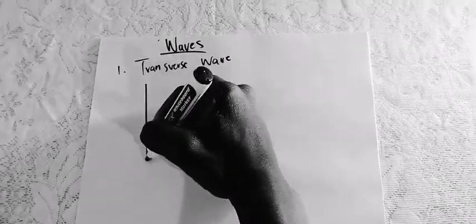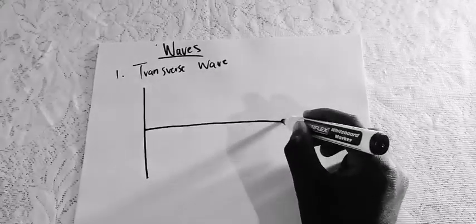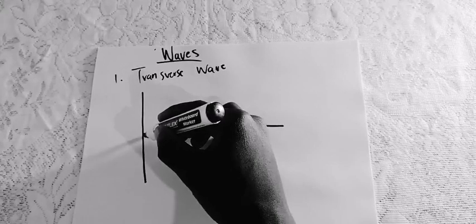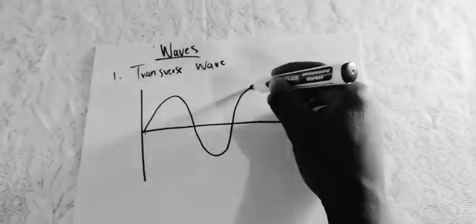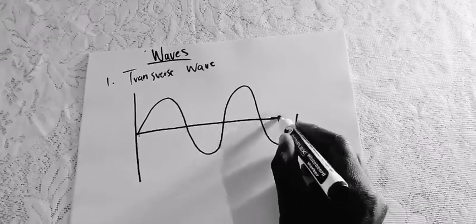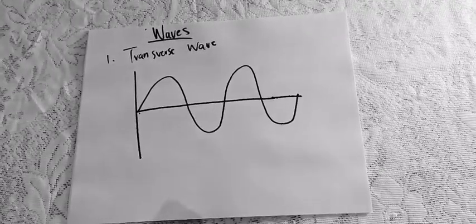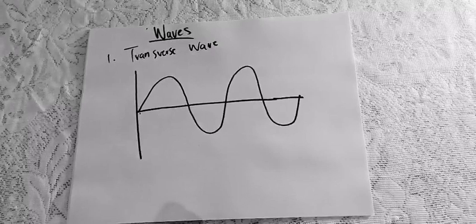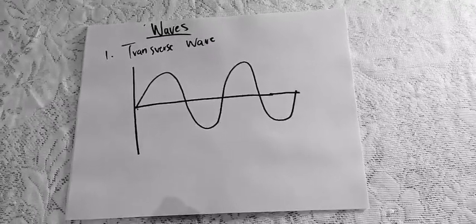Here is a representation of a transverse wave, and you must know how to differentiate between a transverse wave and a longitudinal wave. The definition of a transverse wave states that it is a wave in which the particles move perpendicular to the direction of wave propagation.